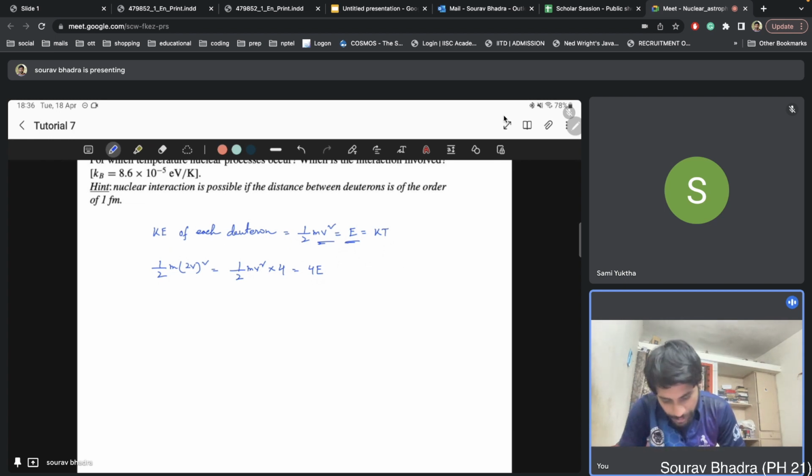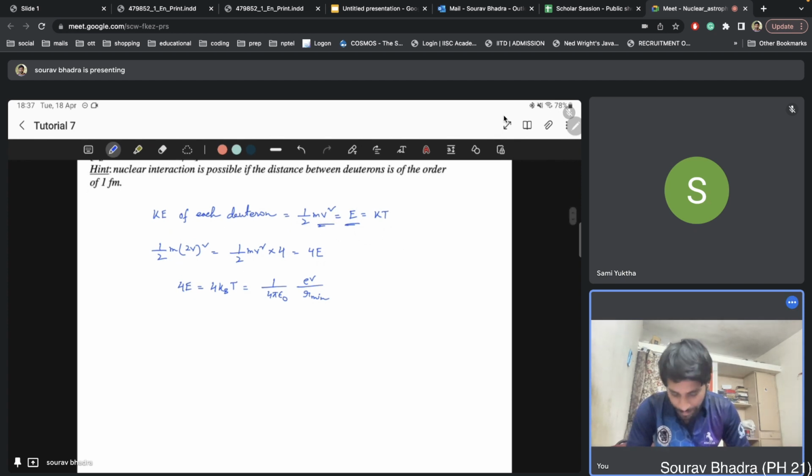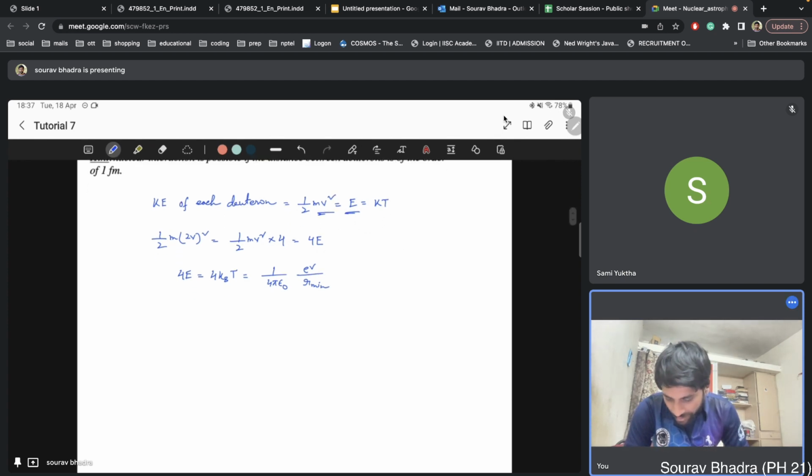So this 4e, the energy associated with the reaction, can be written as 4kBT, which equals e square by r minimum, where r minimum is the closest approach. That's why it is called the Coulomb barrier of the particles. You have done it many times in the previous week's class also.